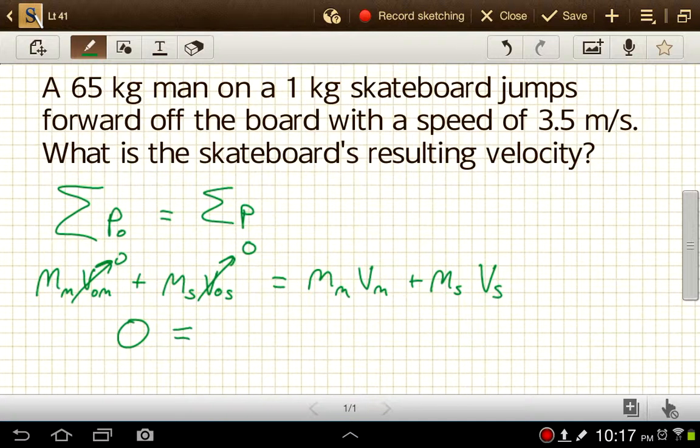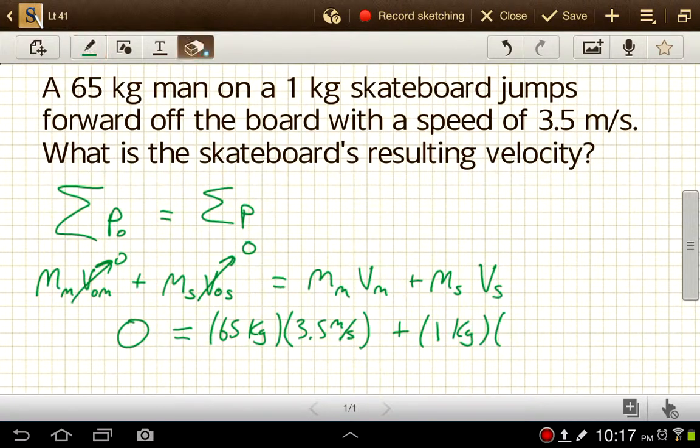Now we can plug in that the mass of the man is 65 kilograms. The final velocity for the man is 3.5 meters per second, and that's forward, plus the mass of the skateboard, 1 kilogram, times, well, we don't know what that value is, but we can solve for it. It's the only unknown: the velocity for the skateboard in our final situation.